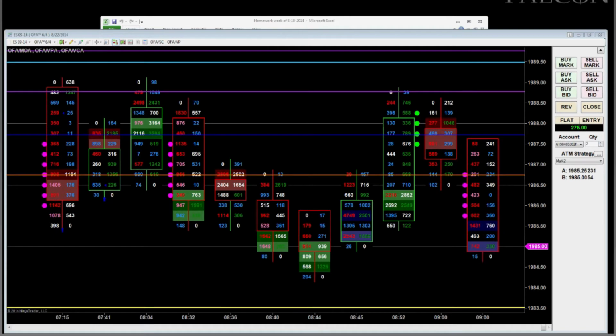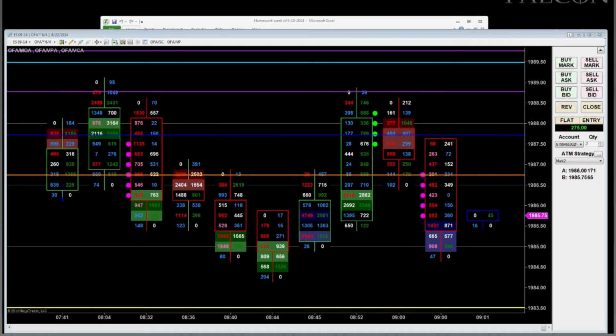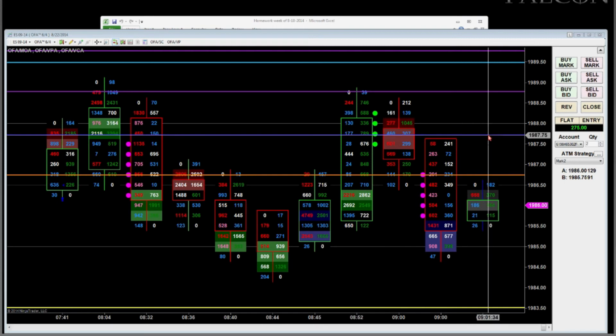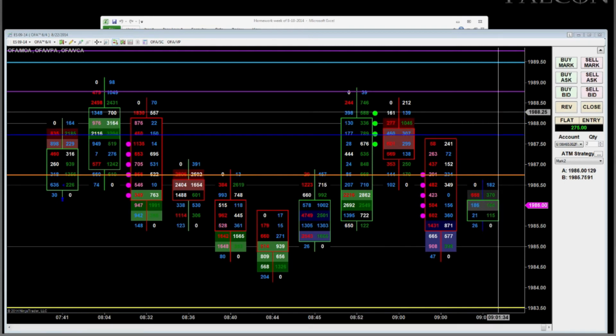All right, I'm going to go ahead and mark the opening swing here. And I'm still getting a little lag. All right, I'm going to have to do that fix, but I'm not going to do it now. I'm getting a little better performance here. Our open was at 87.75. I have that marked.